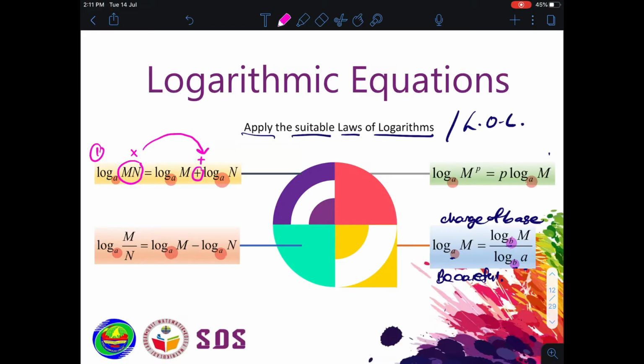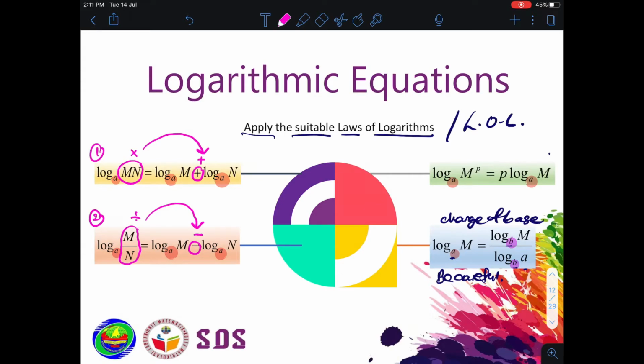For the second law, you will see a division of 2 functions, so you separate them using the minus sign.